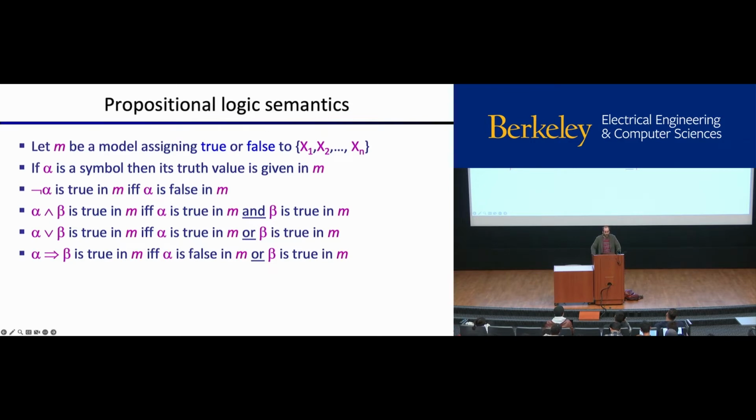So imagine that someone told you alpha implies beta, and you didn't believe them. What would you have to demonstrate to them? You'd have to demonstrate, okay, here's a situation where alpha is true, but beta isn't. And then they'd go, oh, I guess that's right. So to demonstrate that it's not the case that alpha implies beta, it has to be that alpha is true and beta is false.